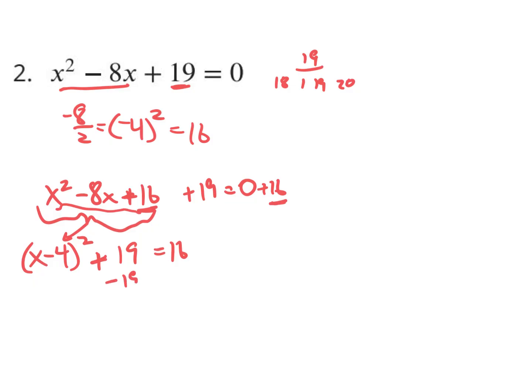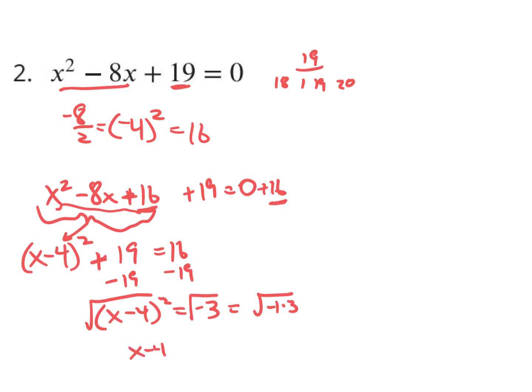So we subtract 19 from both sides, and we get (x - 4) quantity squared is equal to -3. 16 minus 19 is -3. Now, when I take the root of both sides, I have a negative number. And from the last lesson, I showed you that -3 is -1 times 3.